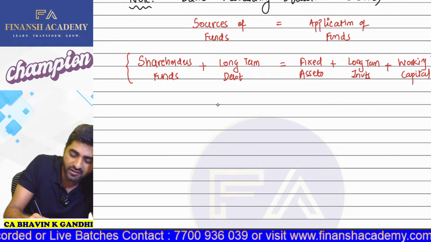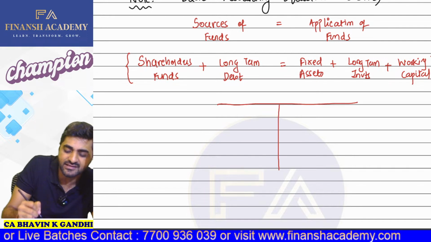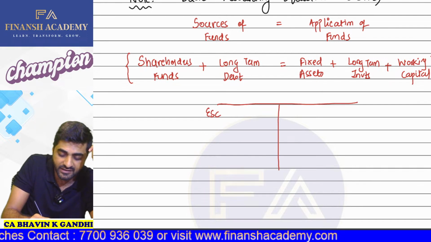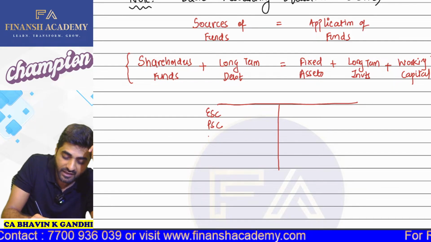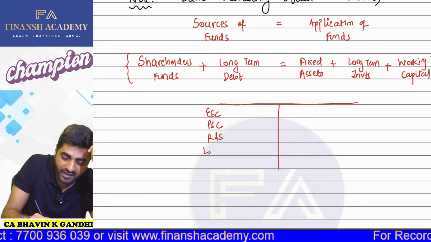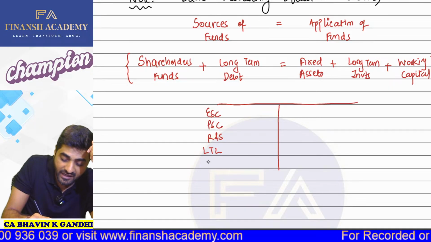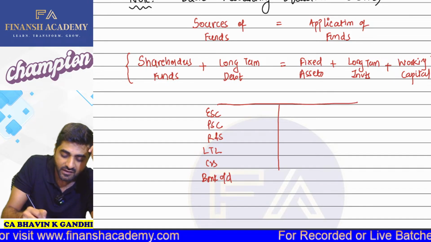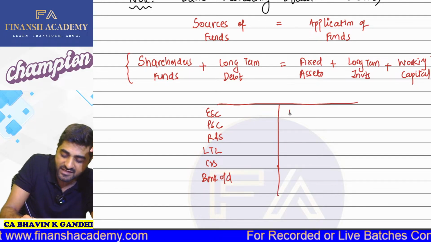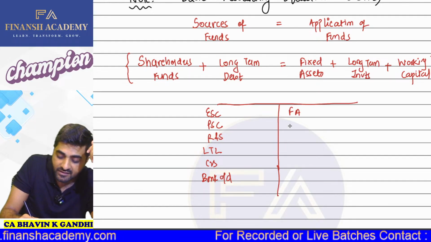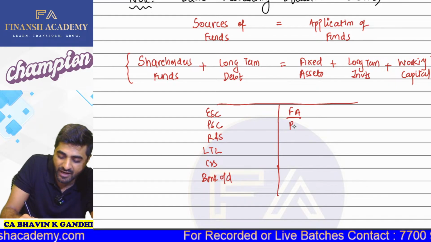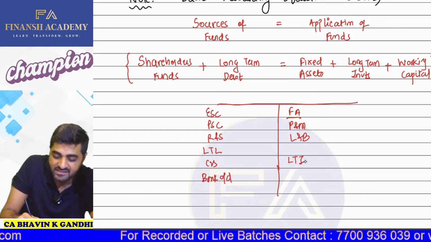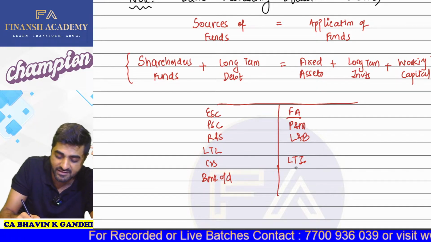If you just want to check, your balance sheet has how many things? It has equity share capital, then preference share capital, reserves and surplus, long-term loans, creditors, and bank overdraft. Then on the asset side, it has fixed assets, which is nothing but plant and machinery, land and building. Then we have long-term investments, where the company is making investment somewhere else.